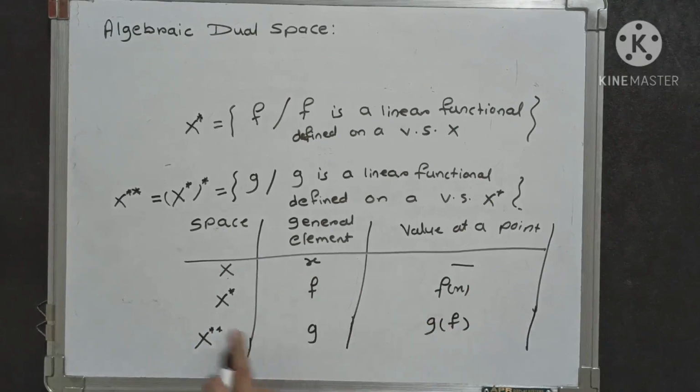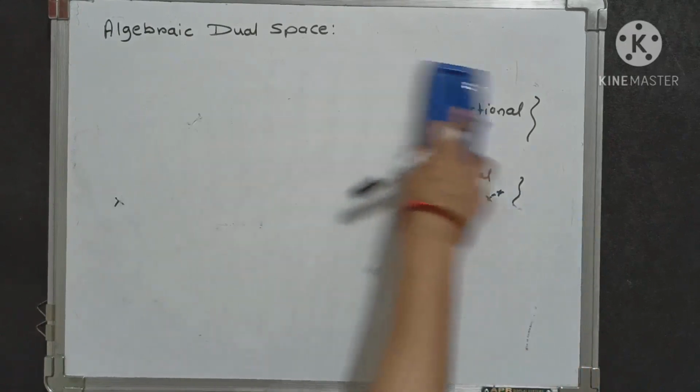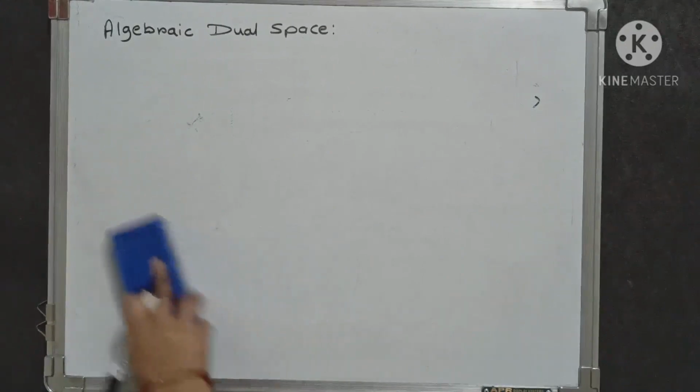In the same way, X star is also a vector space. On this vector space we define a linear functional g, and g is applying on each element of X star, and therefore the value at a point becomes g of f.